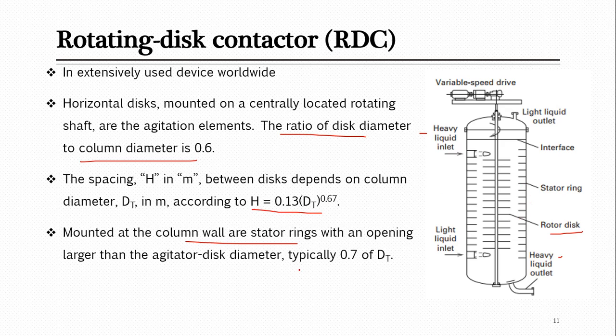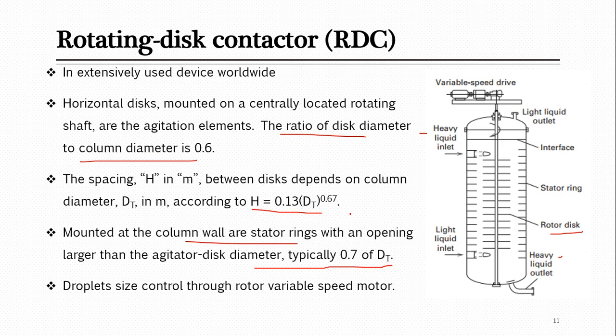The opening is about 0.7 of the diameter, while the rotor discs are 0.6 of the diameter, so there is still some space. You can easily pull out the rotor discs and shaft if you want to, for maintenance or any other purpose.